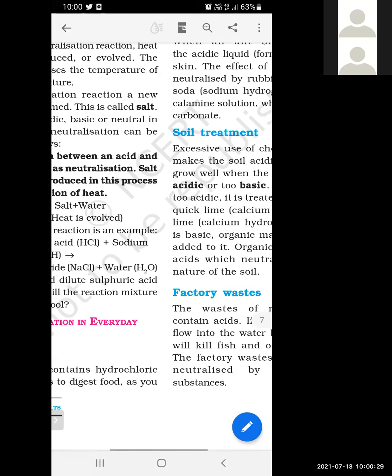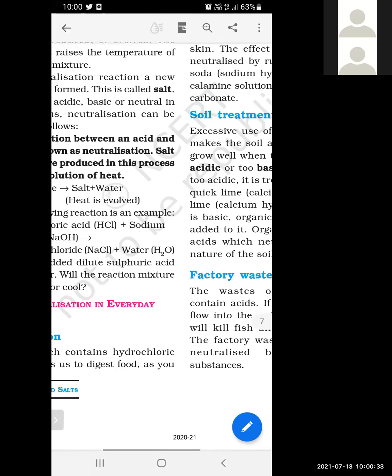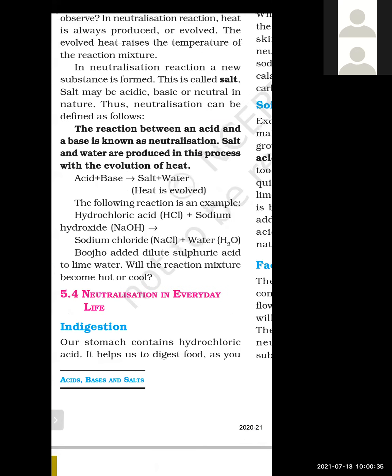Okay, so I'm going to revise the whole topic again. First we learned about neutralization. What is neutralization? Neutralization is a simple reaction of an acid with a base. When an acid reacts with a base, it will produce salt and water.